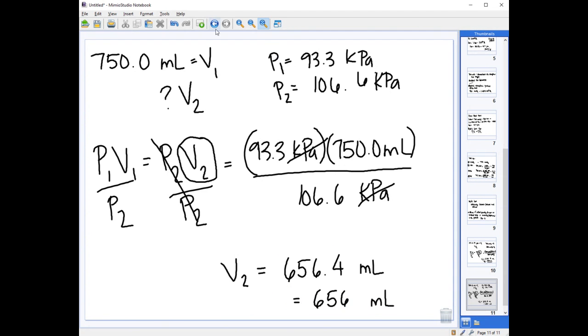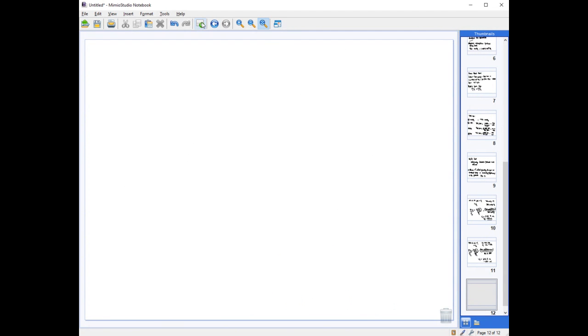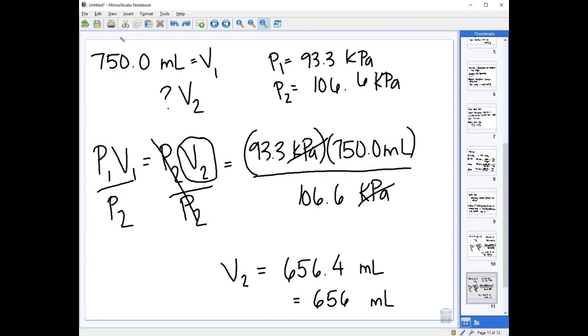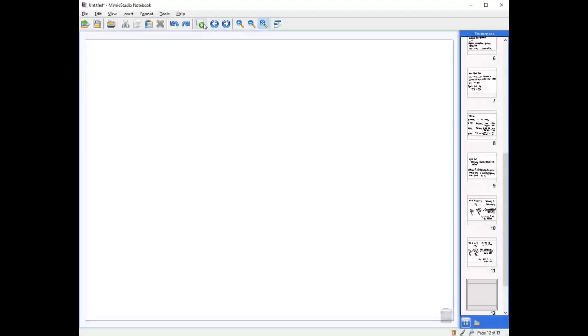This next one, we're going to have to add an additional step. It tells me to change 250.0 milliliters, so I know that to be my V1, of a gas.